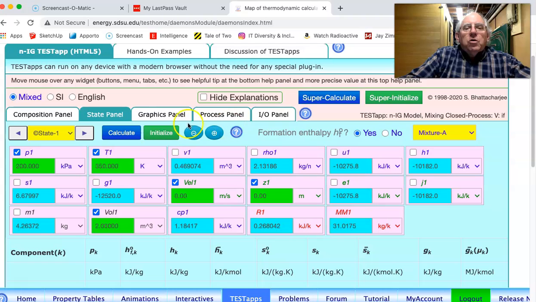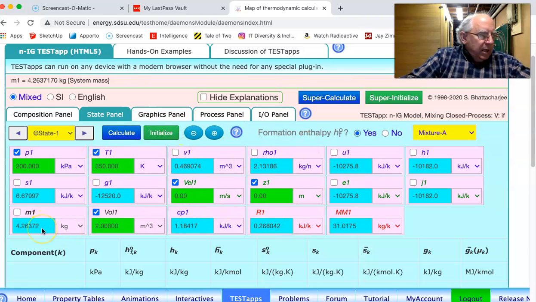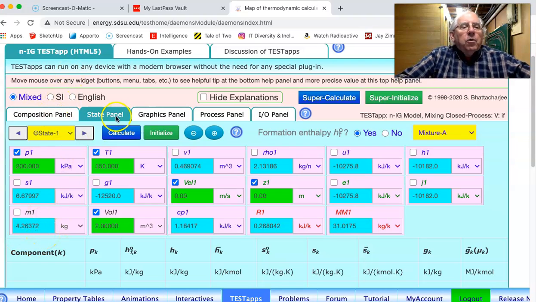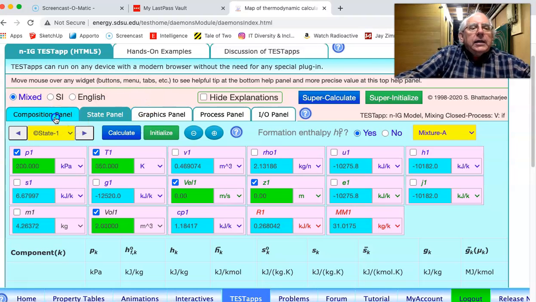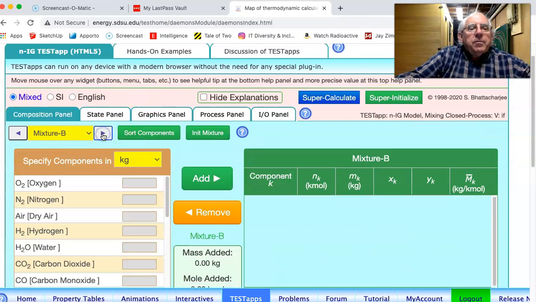So with this known, we know everything about the left-hand side. We also know that the total mass for that left-hand side is 4.26.